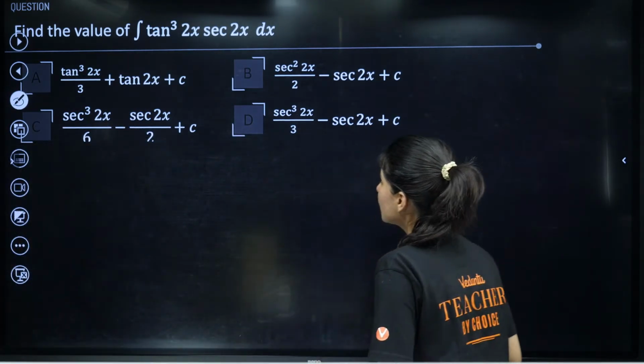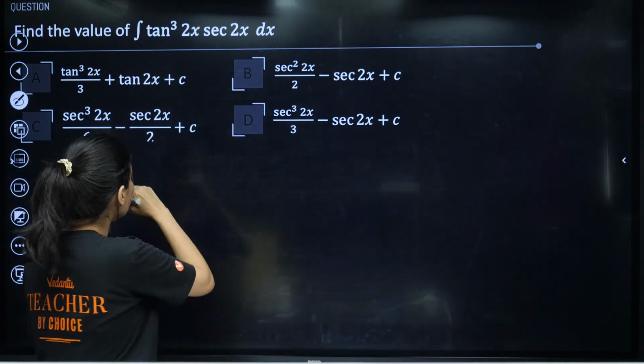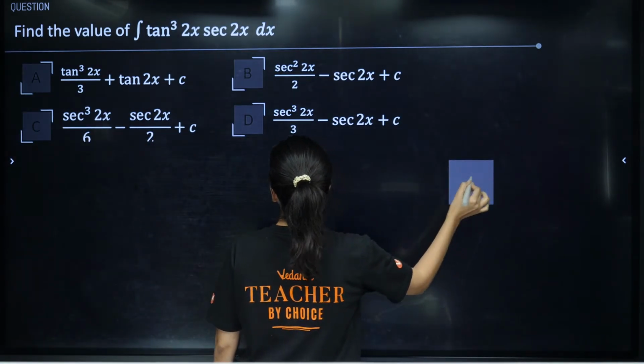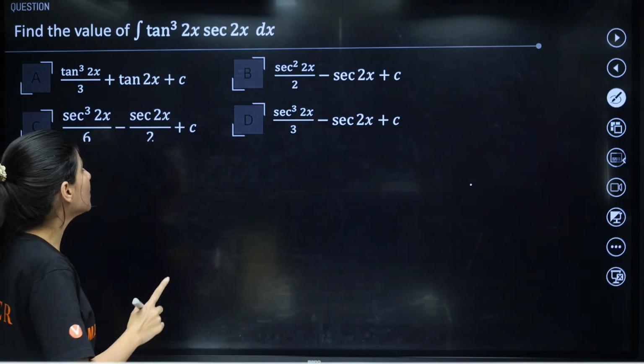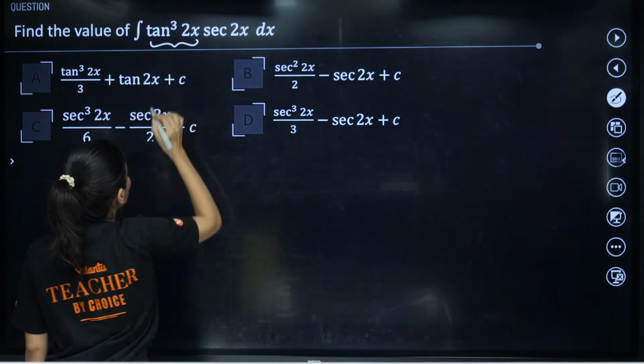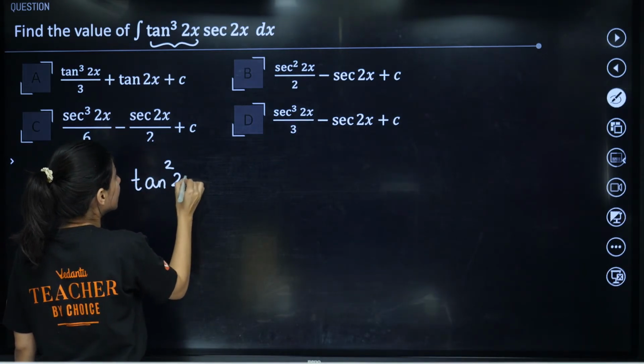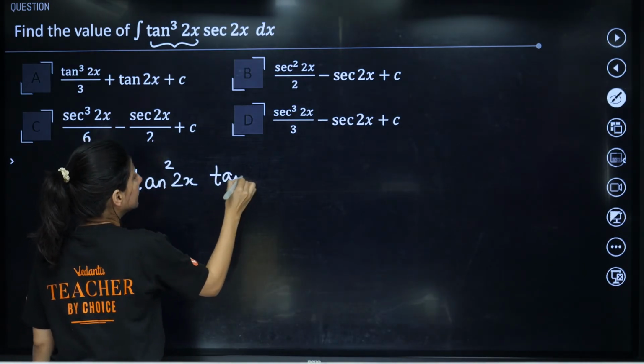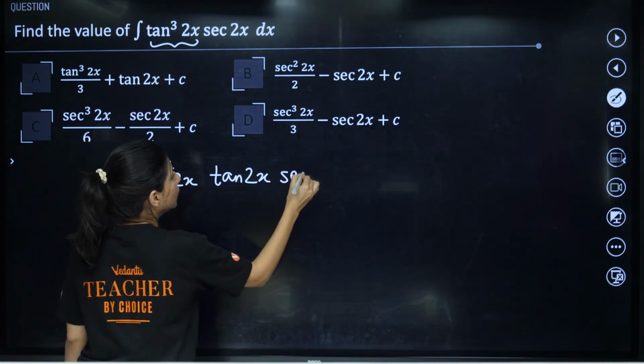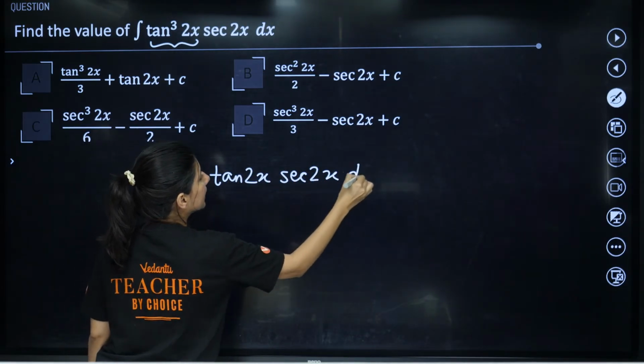So what we are going to do is find the value of tan cube 2x sec 2x, correct? Now in this question, I'm going to write tan cube 2x as tan square 2x, tan 2x, sec 2x dx.